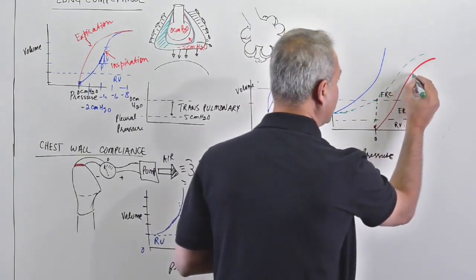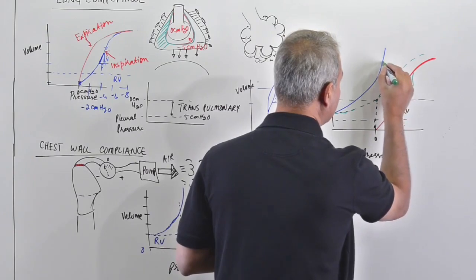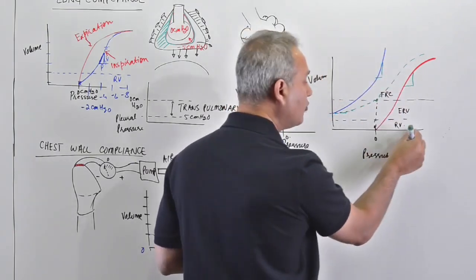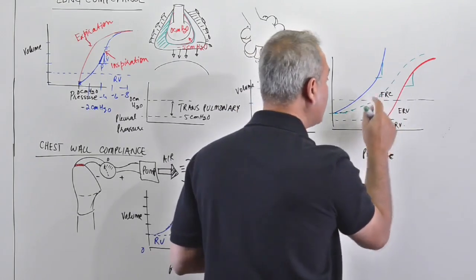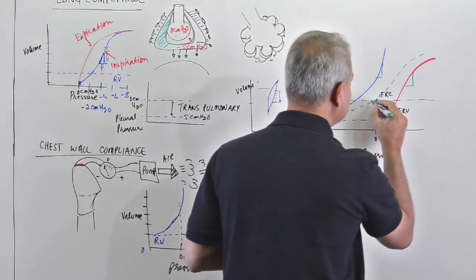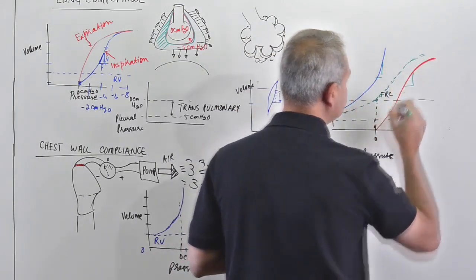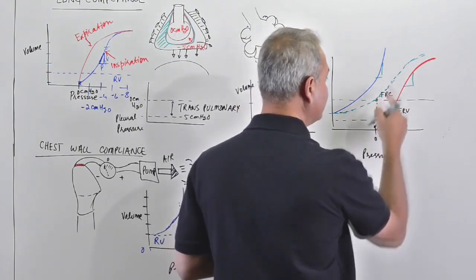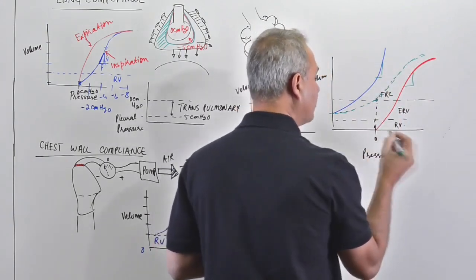Secondly, the slope. Here the slope is steeper. More change in volume per pressure change. However, this is a less steep slope for the combined graph. This is the graph that you are used to. What does that say?